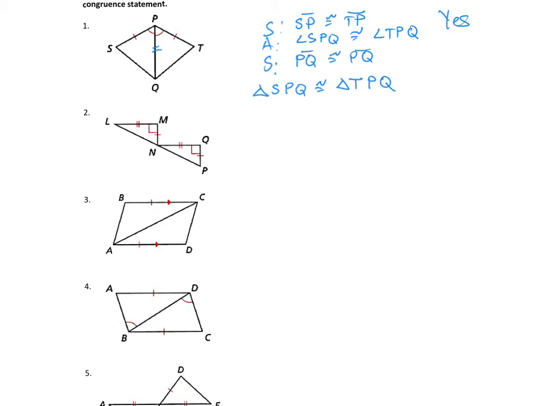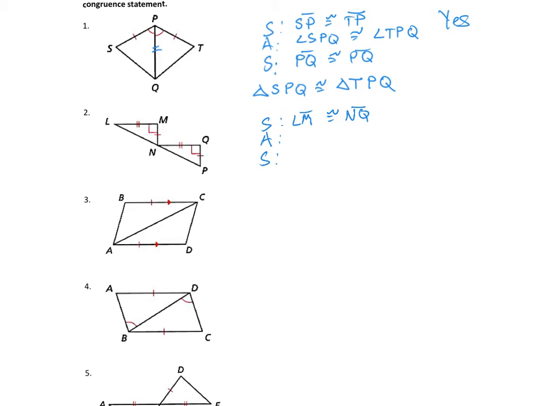This next portion, I see two sides and an angle. That works here. So I see our tick marks being used. So a side, I'll say LM is congruent to NQ.